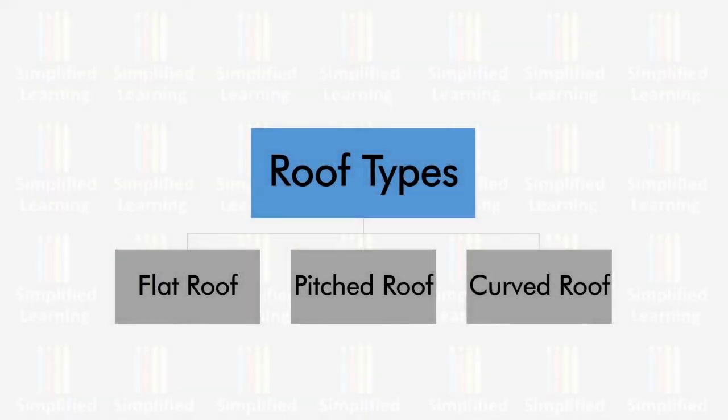There are three basic types of roof: flat roof, pitch roof and curved roof. Flat roofs are observed where precipitation is not heavy and is restricted to a specific duration of the year, like in our region, where we have rainfall from June to September.